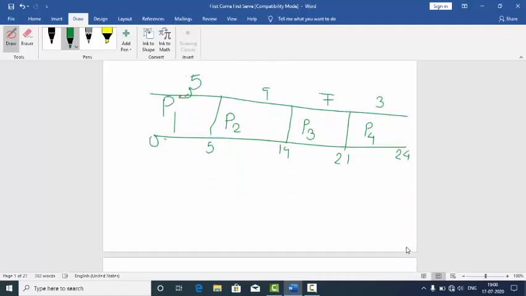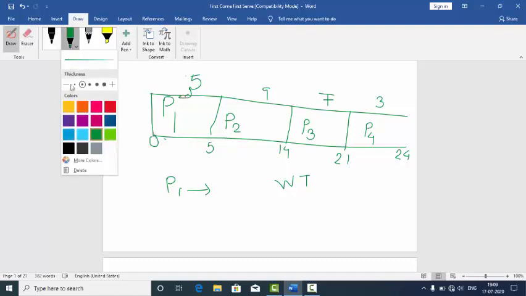Now you're finding your waiting time and turnaround time. So waiting time is what? Waiting time for which processes? Processes P1, P2 and P3. So waiting time for process P1, you have to look at the starting times.